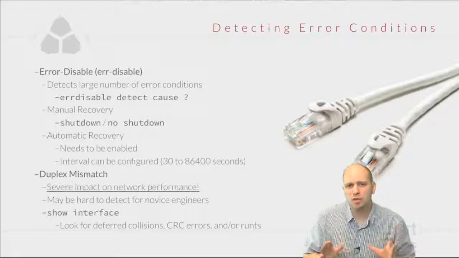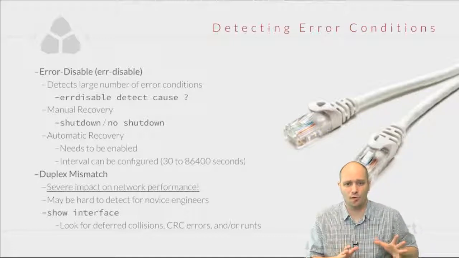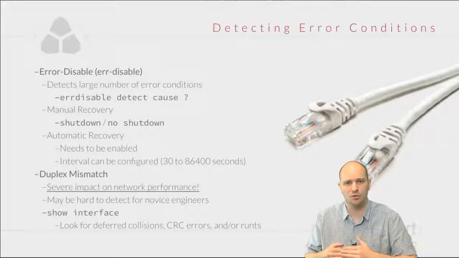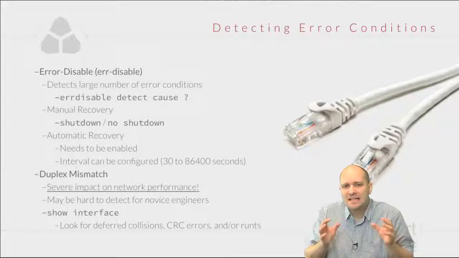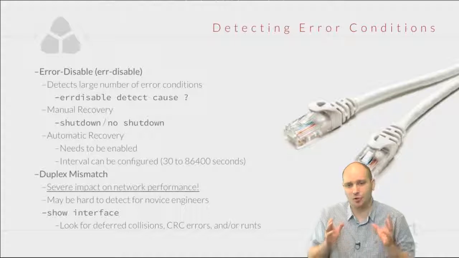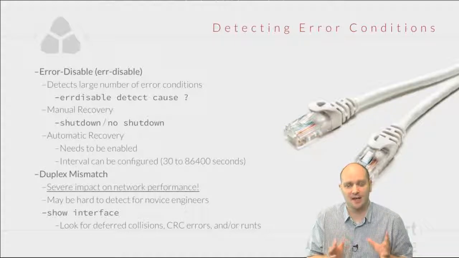But if you don't use CDP, or if you are using, say, non-Cisco devices, or you are connecting a Cisco device to, say, a PC, this situation may be a little bit tricky to discover. You actually have to use different methods to find out that you are dealing with the duplex mismatch.